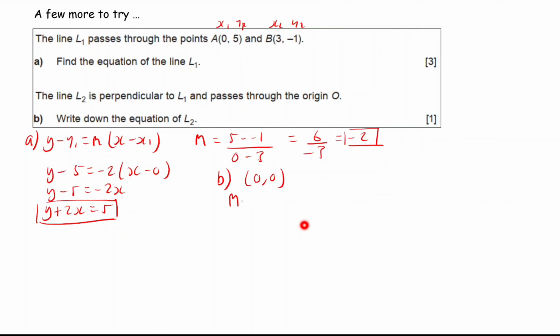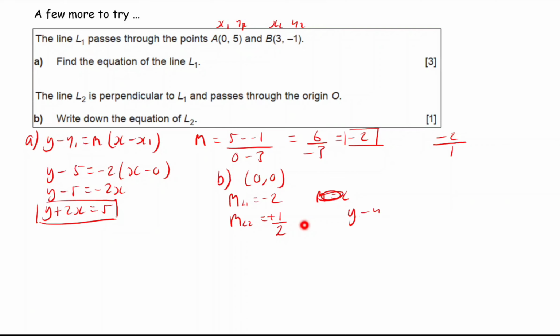So the gradient of L1 was equal to minus 2, so the gradient of L2 will be equal to 1 over 2. Remember that minus 2 can be written as minus 2 over 1. If you flip the fraction, it becomes a half, and then from minus to positive, it's a positive quantity.